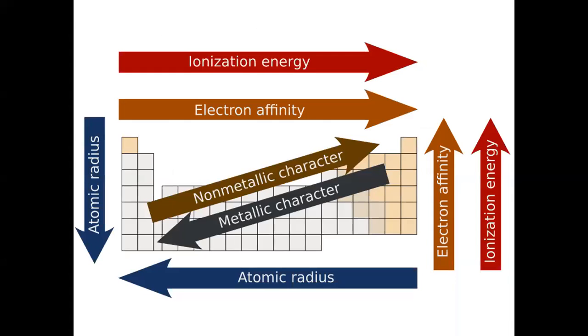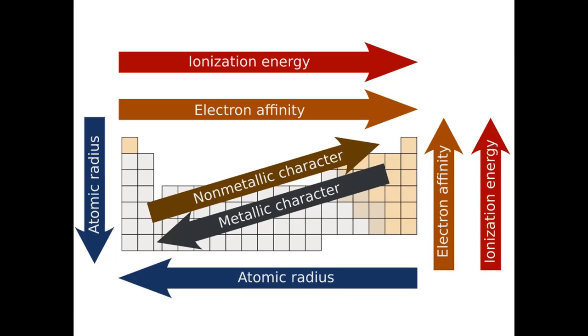So this is just a summary of everything that we discussed just now. Metallic character is tied in with the size as well. I discussed this previously, but metals tend to want to lose their electrons, and it's easier for the bigger atoms to lose their electrons.